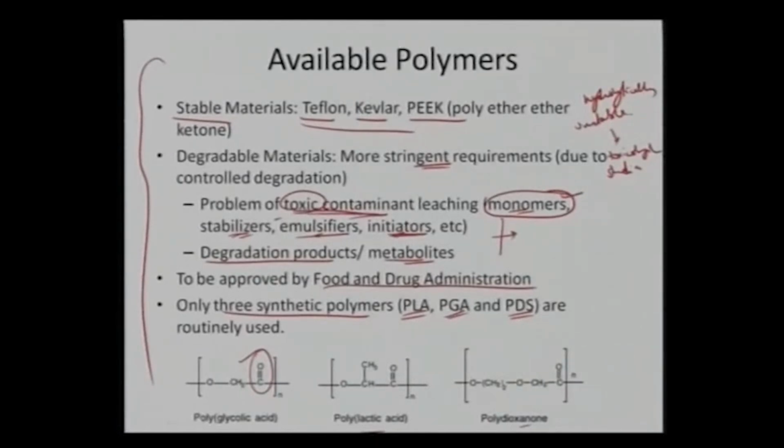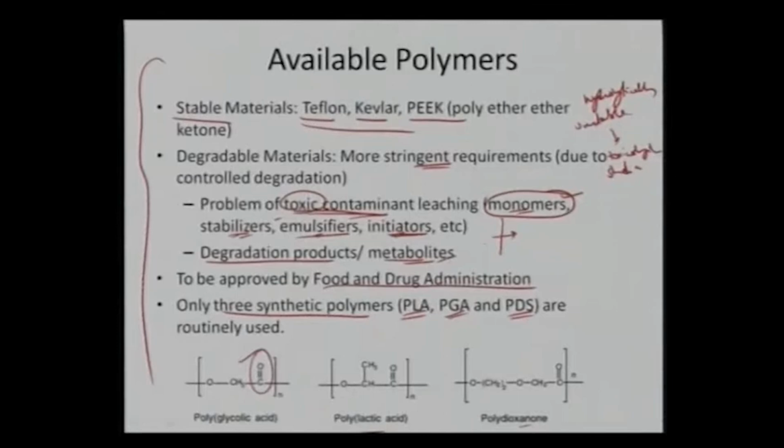Even the monomers, stabilizers, emulsifiers or initiators have to be free from any toxic ingredient. The degradation part of it should also make it much more stable. Even the metabolites should not be toxic, and they have to be approved after the in vitro studies, in vivo studies, and the clinical trials to be approved by the Food and Drug Administration.